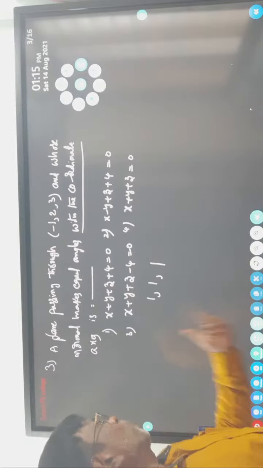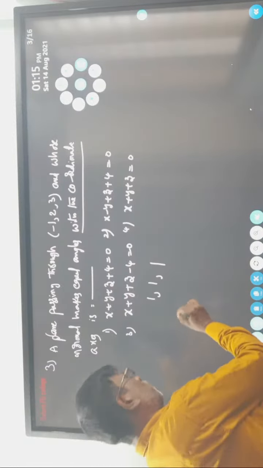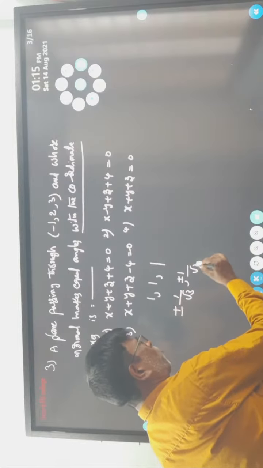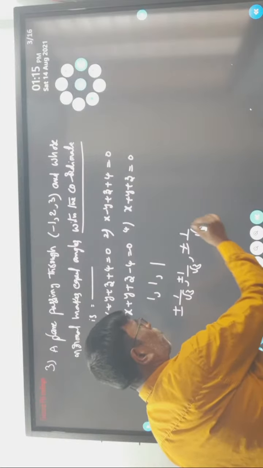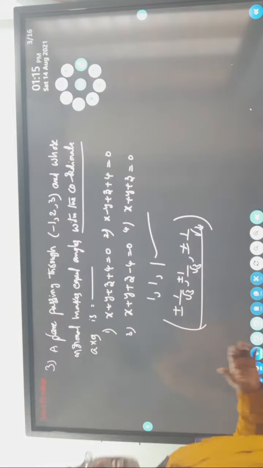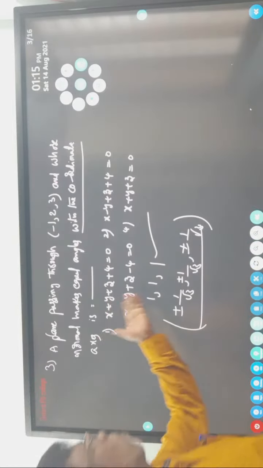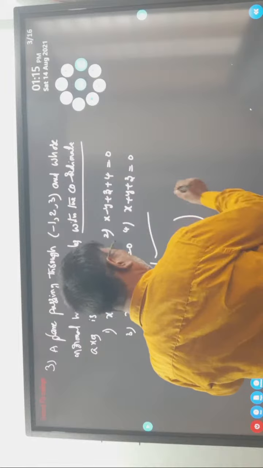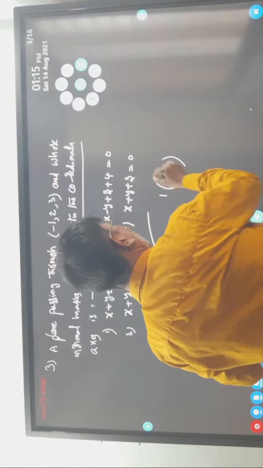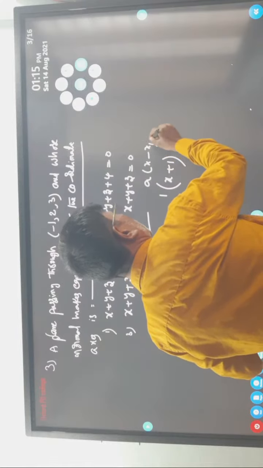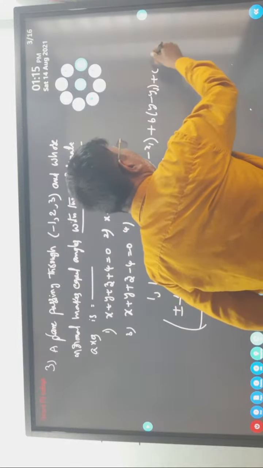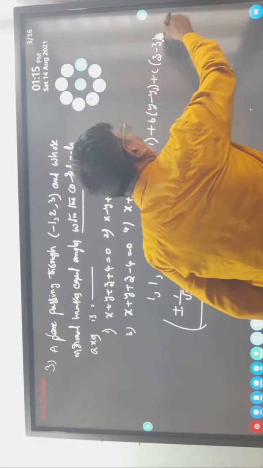So the direction cosines are plus or minus 1 by root 3, plus or minus 1 by root 3, plus or minus 1 by root 3. These are the DRs, equally inclined to the coordinate axes. Then directly substitute and apply the formula: a into (x minus x1) plus b into (y minus y1) plus c into (z minus z1) gives 0.